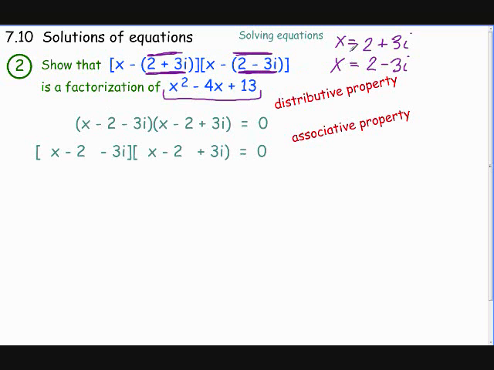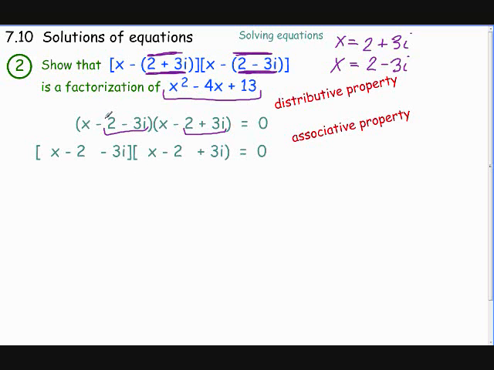Notice that when we go from the value of x from an equation and put it into a factor, we are going to be subtracting that solution. That's what happened here. We're subtracting those two solutions.